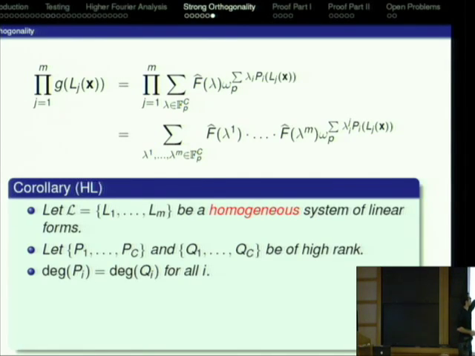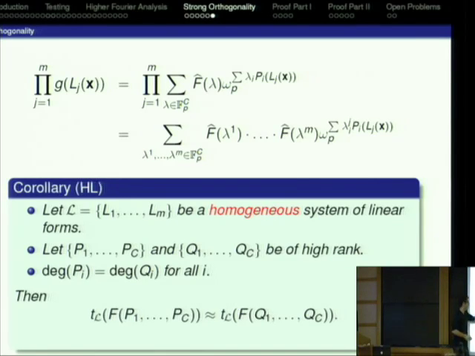When you look at the average of this product, as I said, for some of these higher degree characters this becomes 0 and you get 1. For the other ones, it becomes very small and you can ignore them. But if your polynomials have the same degree and the rank is high, it doesn't matter if you use pi's here or qi's here. You get the same average. So if you look at the average with polynomials p1 to pc, you'll get almost the same average as when you use polynomials q1 to qc.